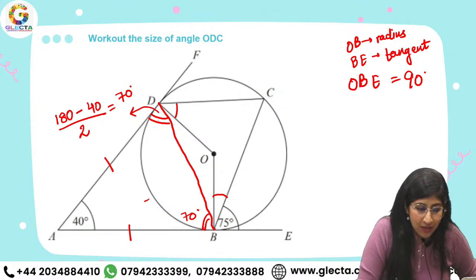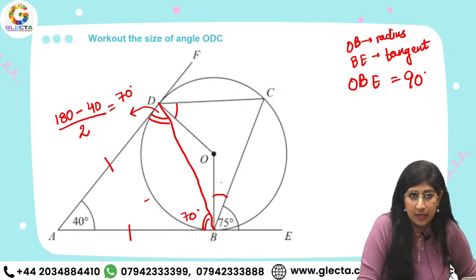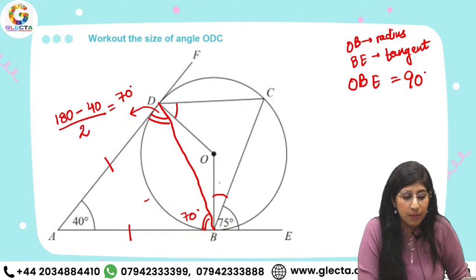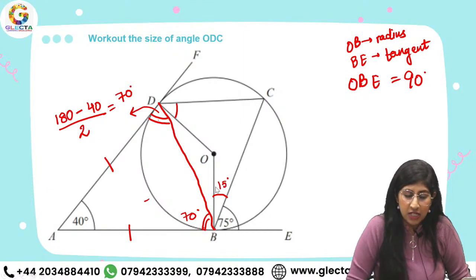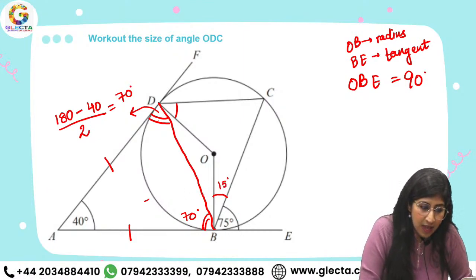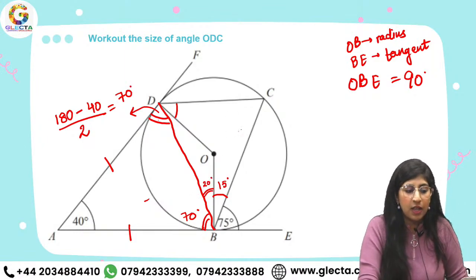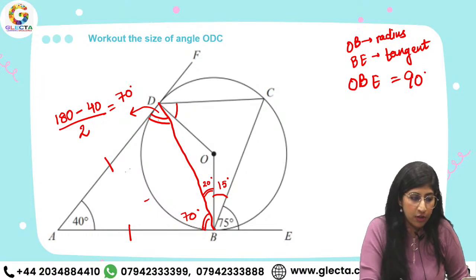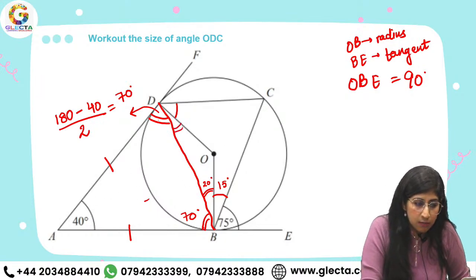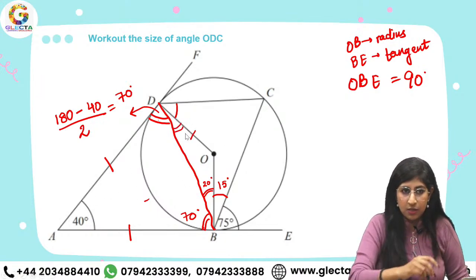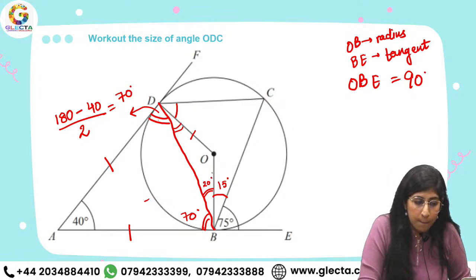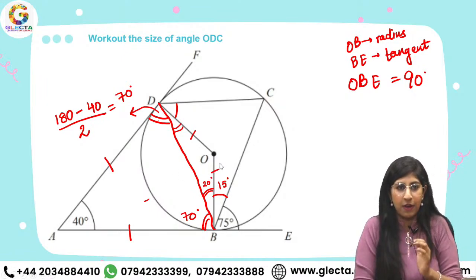So technically 75 plus angle OBC should be 90. So that means this comes out to be 15 degrees. That means this missing angle on the other side would be 20 degrees, right? That's one thing that we have over here. Similarly, I can say because OD is the radius and OB is also the radius, right?